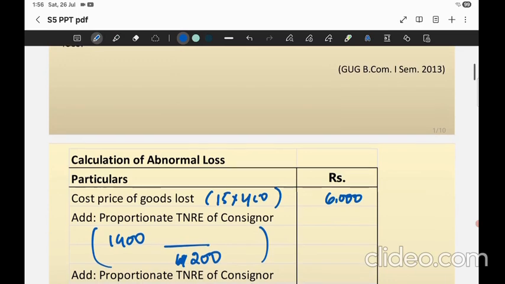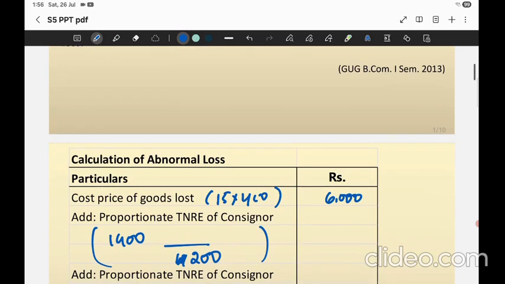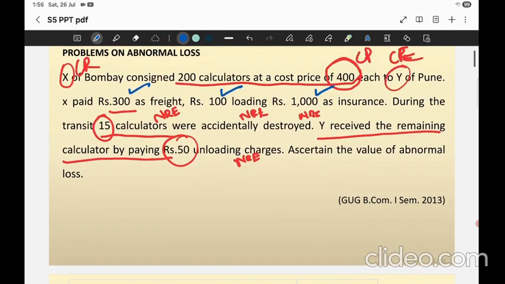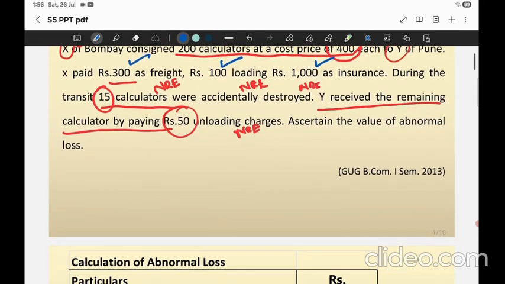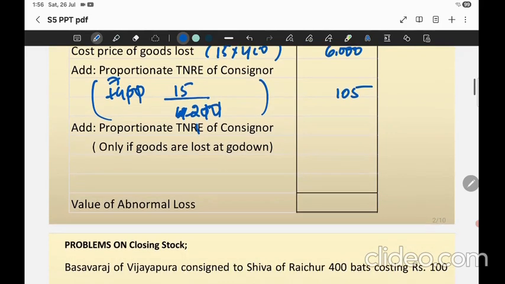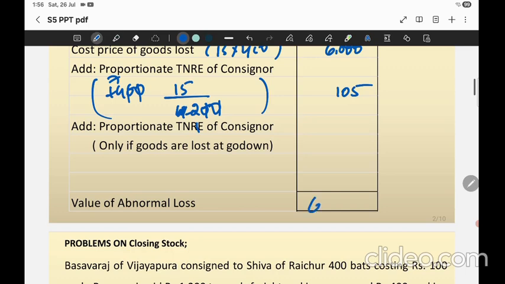But the goods lost were only how many units? 15. So 20 and 200 cancel, 2 ones are 2, 7 fifteens are 105. So the value of abnormal loss is 6,105.